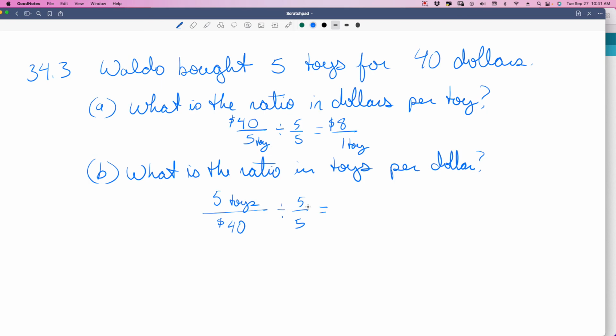So 5 toys divided by 5, that's 1 toy, and that's $8. 1 toy cost $8. It's almost like average. Almost, but not quite. So that is how you would write when the question says write 2 rates. For this, you would write 8 over 1 and 1 over 8. Those are the 2 rates that the book is going to ask you to understand.